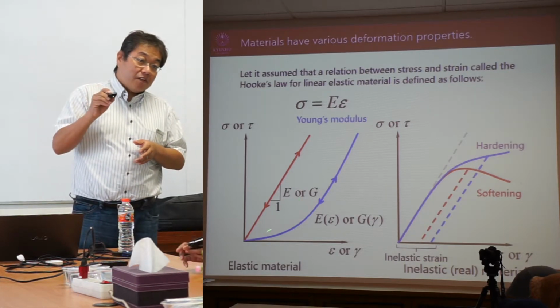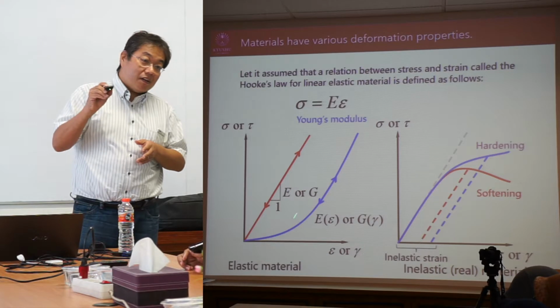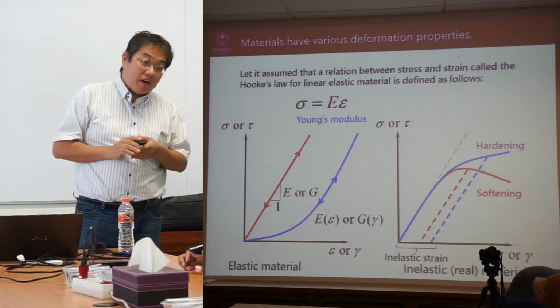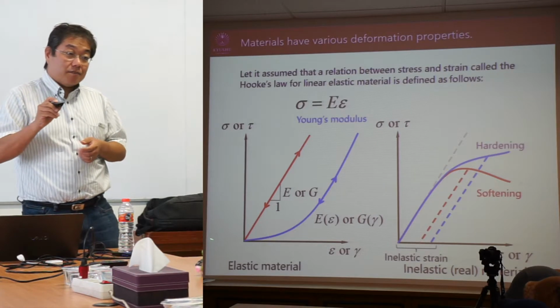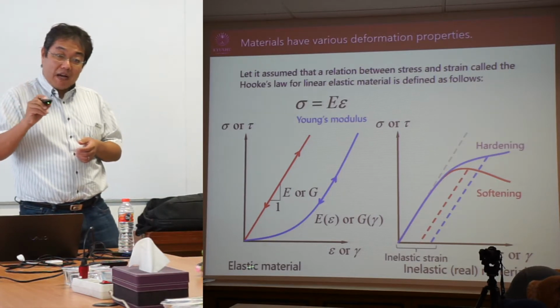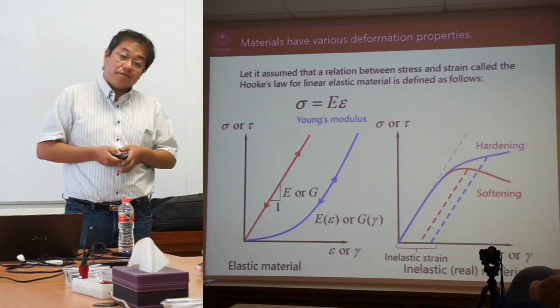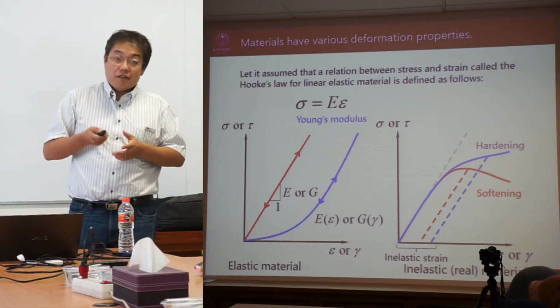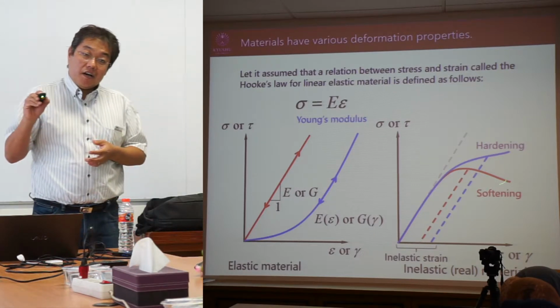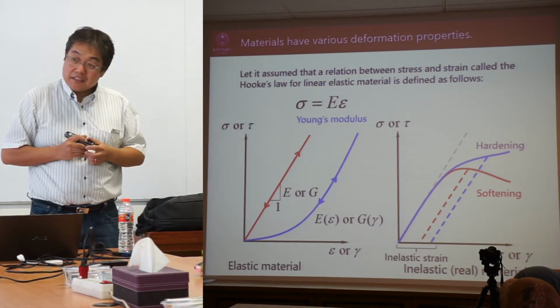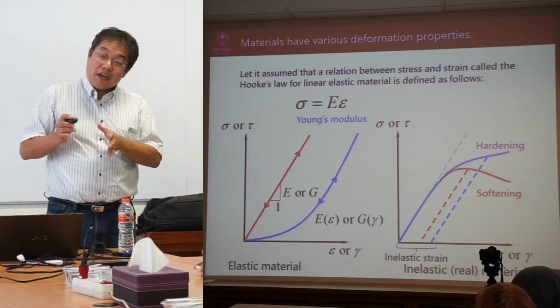Not keeping the same line, it is viscoelastic. So this is non-linear elastic, going up and back. So the right hand material is not elastic, so this is inelastic or non-elastic.